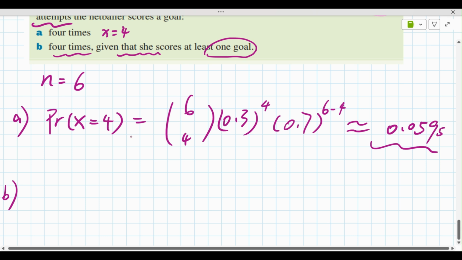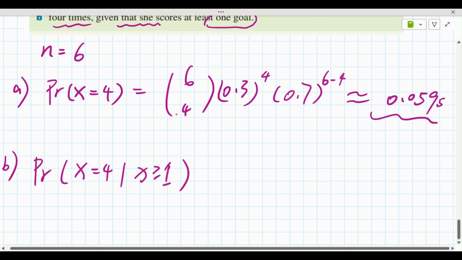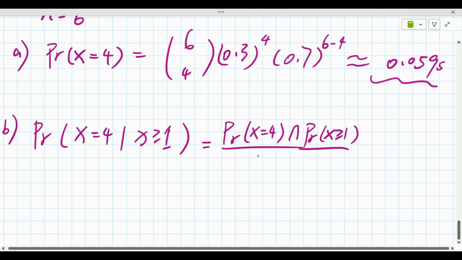And question B: 4 times given at least 1 goal. So now we're going to use conditional probability. The probability of x equal to 4, given x greater than or equal to 1, which is at least 1 goal. That means probability of x equal to 4 and x greater than or equal to 1, over the probability of x greater than or equal to 1.